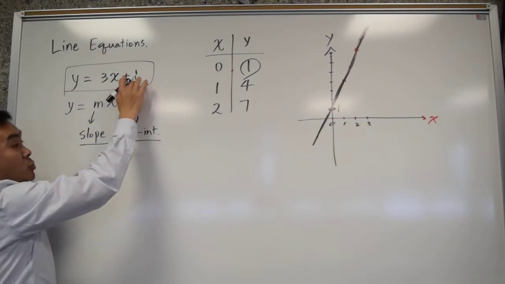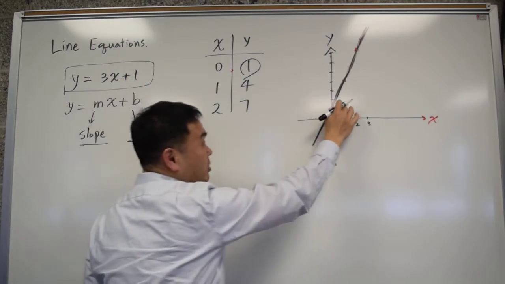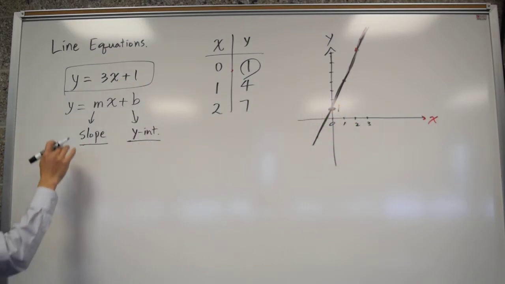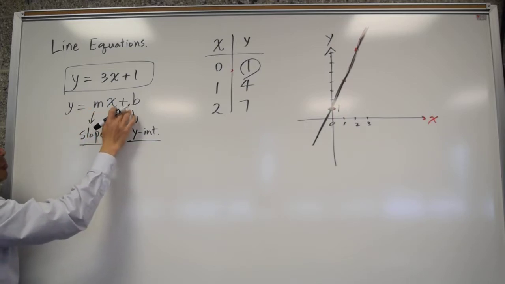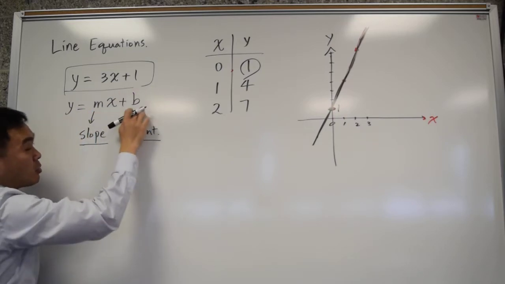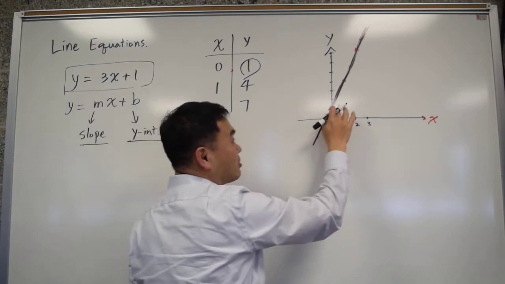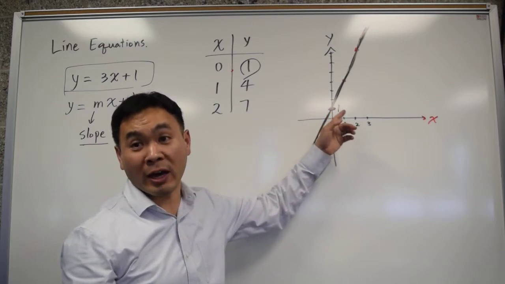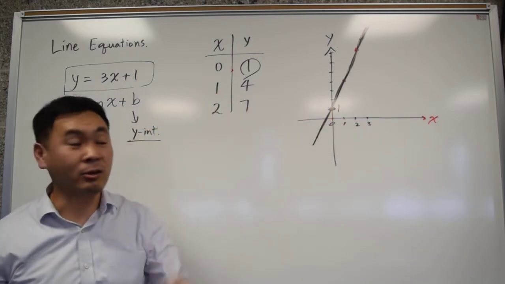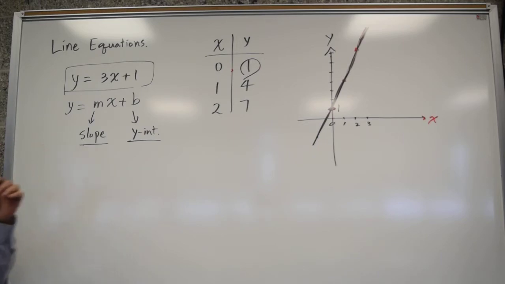And since there's this 1 here, that's why you have 1 there. In other words, whenever you have an equation of the form y equals mx plus some number, that number will be where the graph will pass through the y-axis. Therefore, it will be the y-intercept. Got it? Okay. Now, that's the first thing I want you to notice.